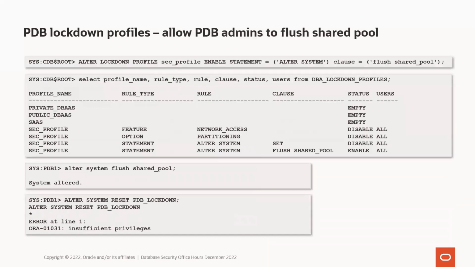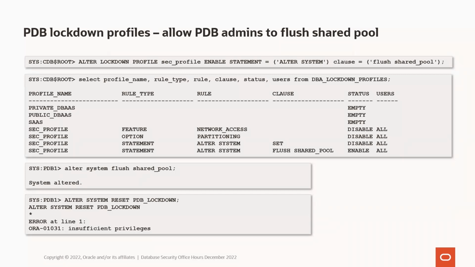Now let's say, okay, well, I do need to flush the shared pool once in a while, so we will allow the profile to flush the shared pool. So we enable that clause for the alter system statement, and then we can see that we've got it enabled as a status. Everything else is disabled or empty. That particular rule and clause is set to enabled.